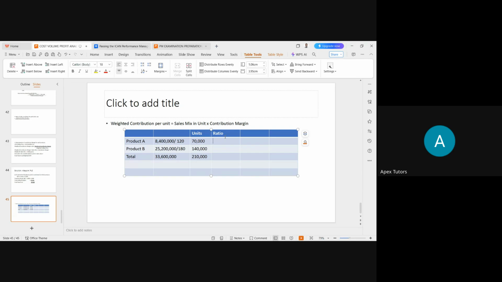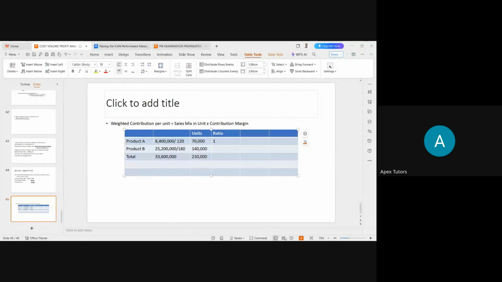Hello, can you hear me? All right. So what will be the ratio now? The ratio will be what? Will be 1. How do you determine that? Can I get somebody to speak to that?